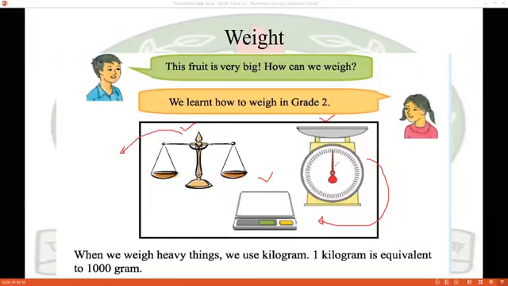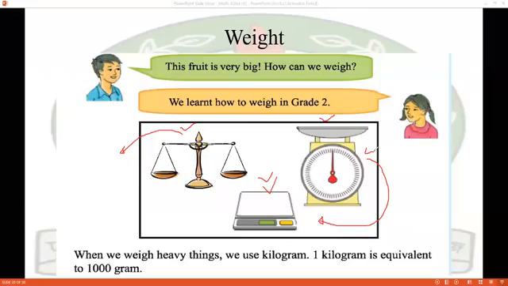All of these are used to take weight in kilograms. This is the digital weight machine, and there is also a pre-digital machine, and this is ancient. When we weigh heavy things, we use these types of devices.